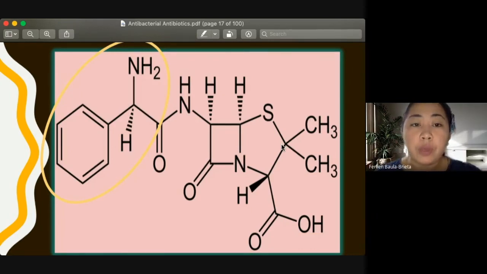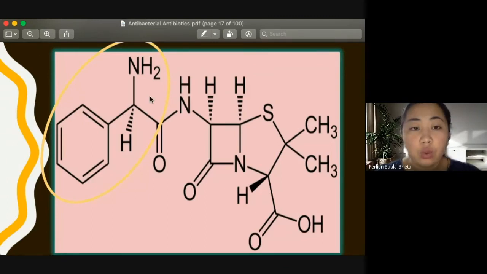Now, if you are asked whether this drug can withstand penicillinases such as beta-lactamase and acylases, you will look for the R part. This one is the R part. If it's carrying a bulky structure, yes, it has the ability to withstand penicillinases. Can you give this via oral administration?